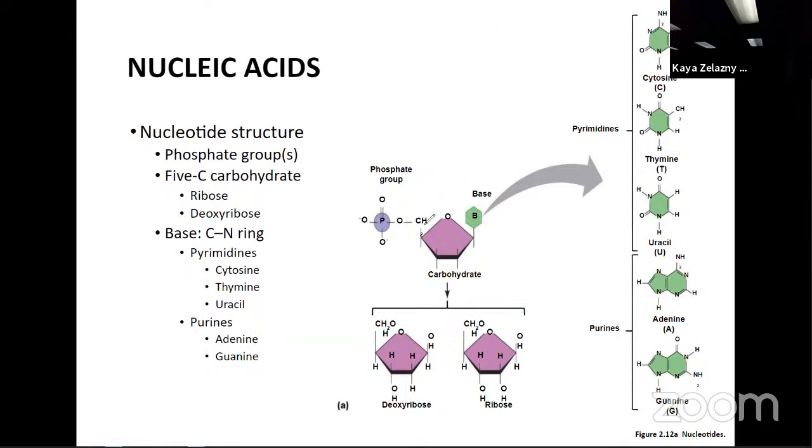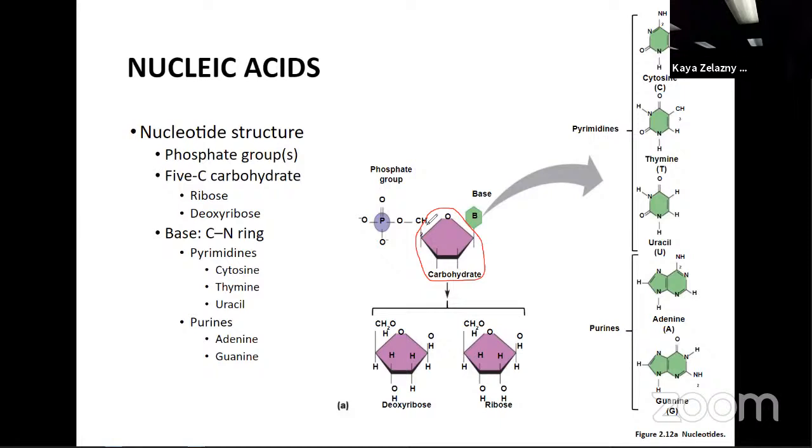So let's actually start with this carbohydrate part. We're going to have a ring structure in the center of our nucleotide, which is then going to have these branches off of it. Think of it like somebody holding out a pom-pom like this.